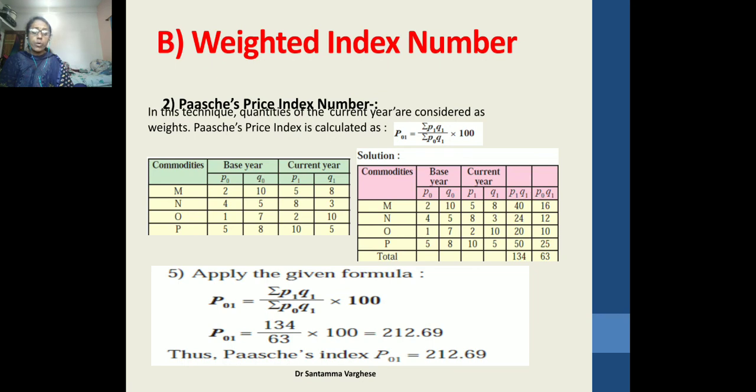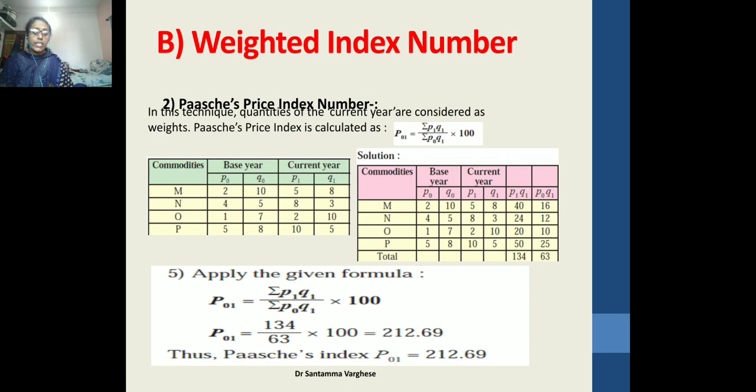P0 Q0 दिया है, P1 Q1 भी दिया है. अभी आपको P1 Q1 कैलकुलेट करना है. P1 Q1 कैलकुलेट करने के लिए प्राइस ऑफ करंट ईयर 5 रुपीज और क्वांटिटी ऑफ करंट ईयर 8. 5 into 8, 40. Price of current year 8 rupees and quantity of current year is 3. So 8 into 3, 24; 2 into 10, 20; 10 into 5, 50. अभी करंट ईयर का जो समेशन है P1 Q1 कितना मिला? 134. अभी आपको P0 Q1.